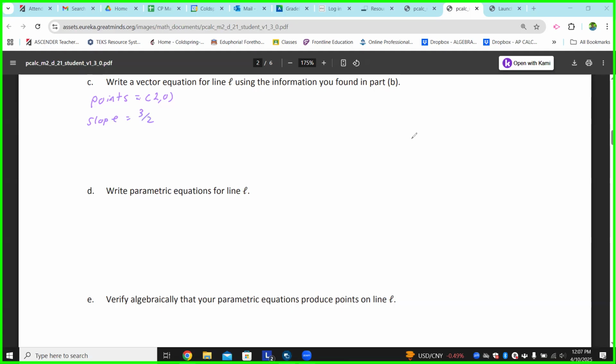The information you need to know, I'll make a note at the end of this lesson, so you can write a note here. To write a vector equation for a parametric situation, it is going to be x, y, so there's our first vector. It's going to equal x1, y1 plus a, b times time.